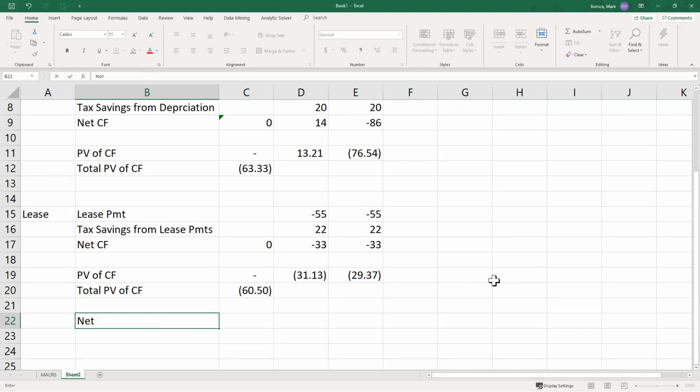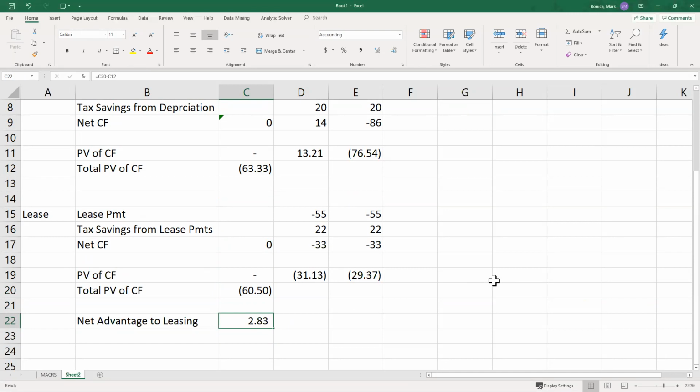Net advantage to leasing is simply the present value of the cash flows associated with leasing minus the present value associated with purchasing the equipment. What you see is we have a net advantage to leasing of $2,830.